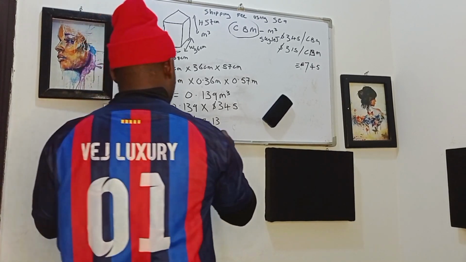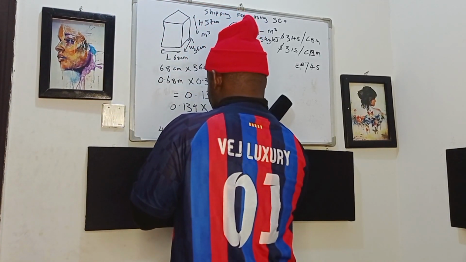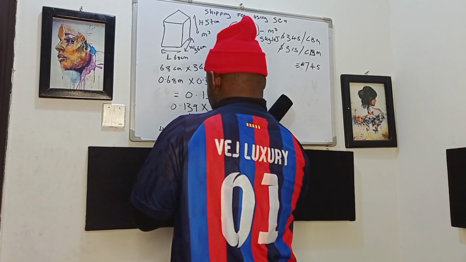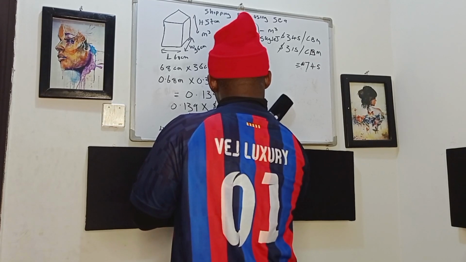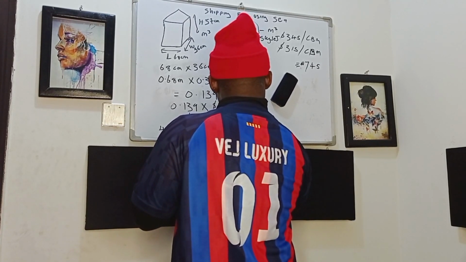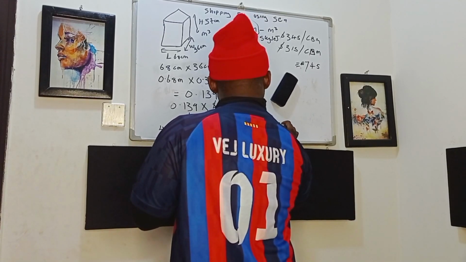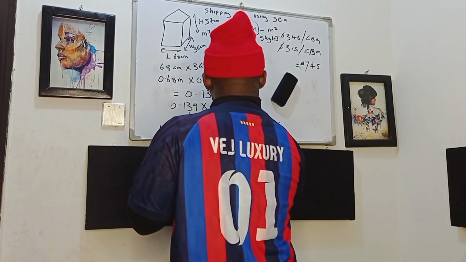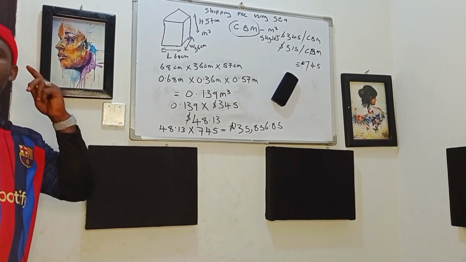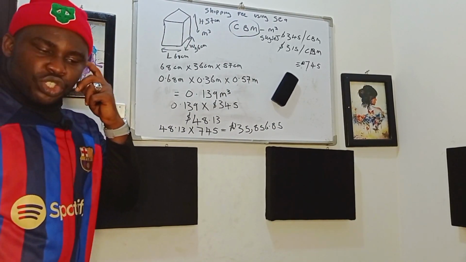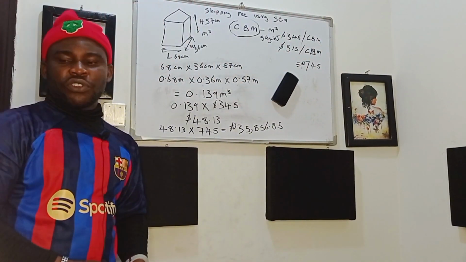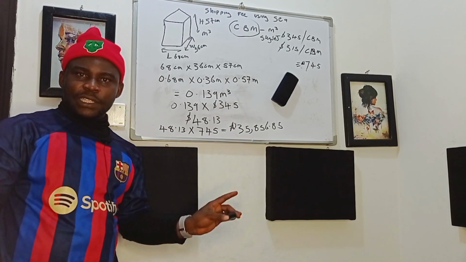It's going to give us 35,856.85. So this is how much you're going to pay in Naira equivalent if you buy a carton of goods worth this. So from China to Nigeria using the sea route, you're going to pay 35,000 Naira for that carton.